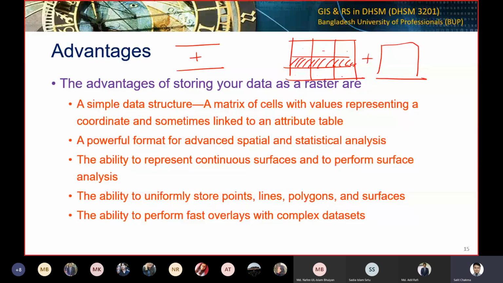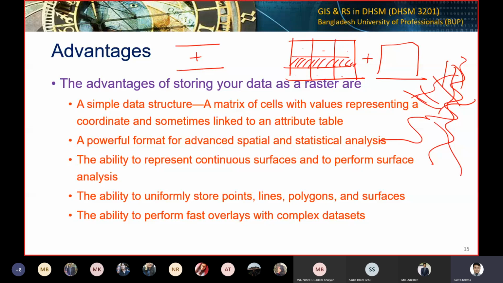On the other hand, if it's vector, then it has all these lines and lines going on, so it needs to map out every single element. But if you use raster, then it needs only to map out these cells. It doesn't matter what's inside, what the value of these cells is.